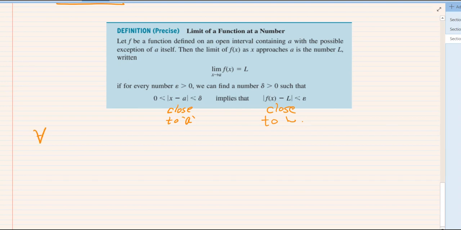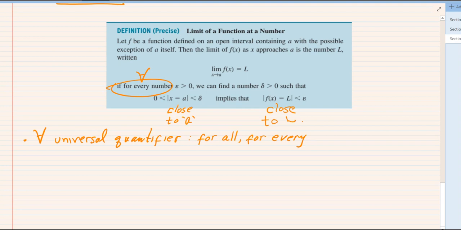The universal quantifier looks like this. This quantifier means for every, for all. So the part up here that says for every, we're going to use the universal quantifier.